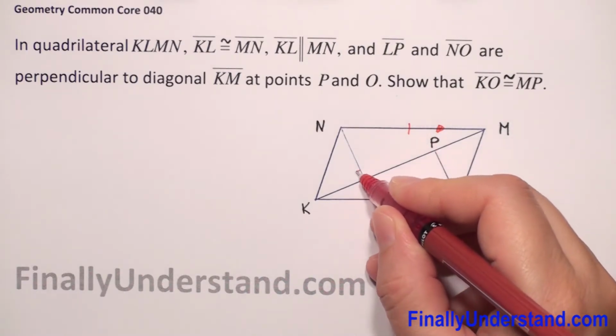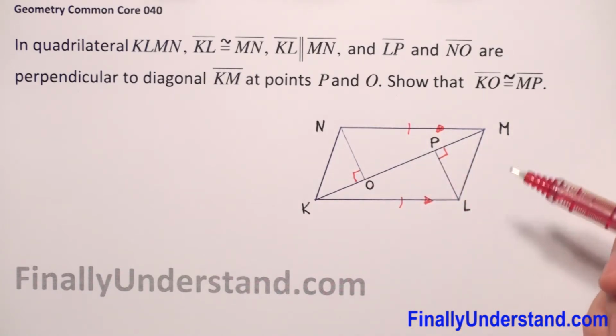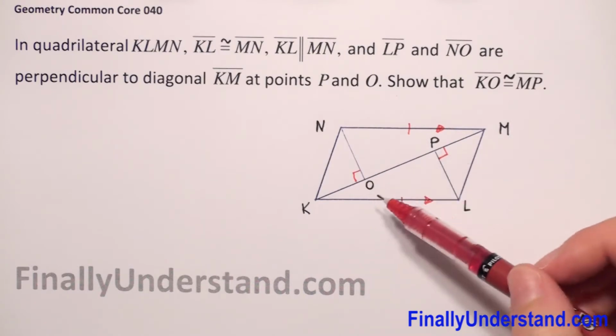So here we have a right angle and here we have a right angle at points P and O.